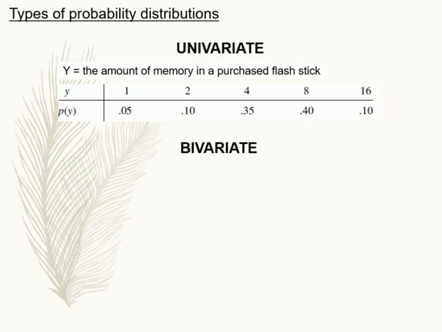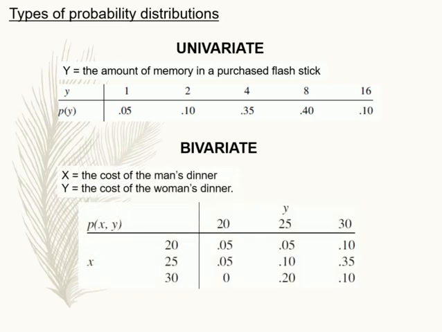Now in the bivariate case, this is an example. X is the cost of the man's dinner in some scenario, and Y is the cost of a woman's dinner. What they've done here is list all the possible values for the cost of dinner. It could be 20 bucks, 25, or 30. And it's similar for Y as well. Then what you have inside the table is just like a contingency table.